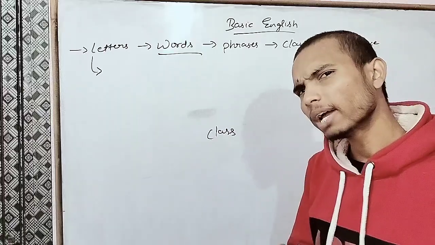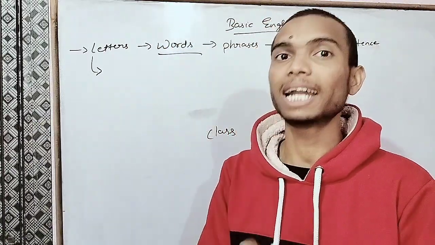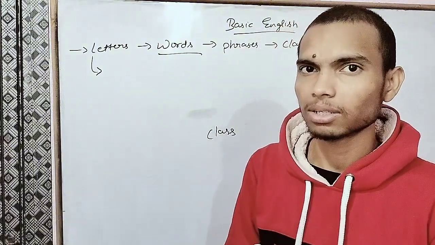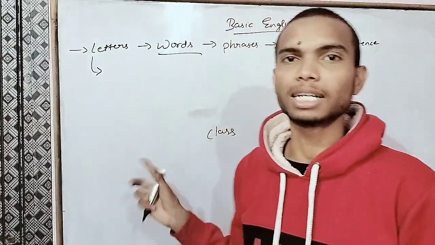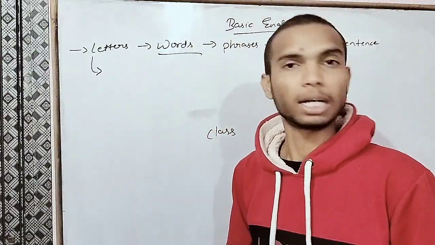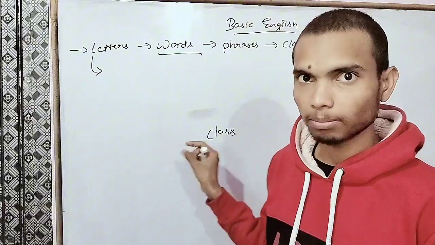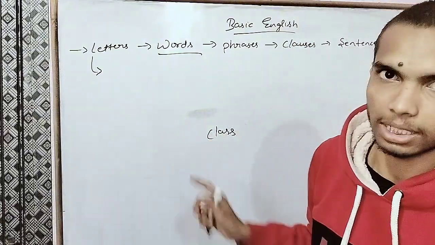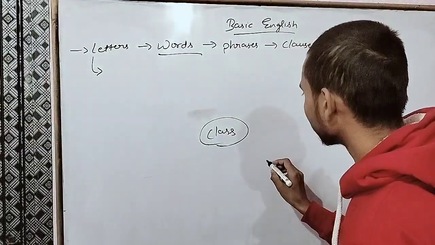In this word, we have 5 letters, and we added those letters together, which makes a word. Now there is one condition to say that it is an exact word. The condition is that the meaning of this word is something. That's why we say yeah, it is a word. Clear?